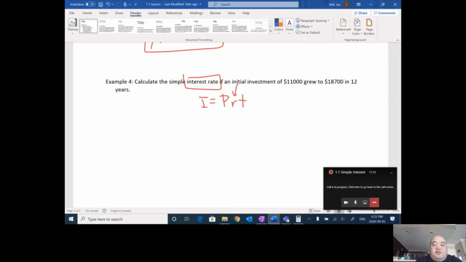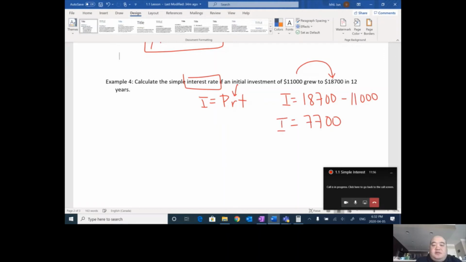So therefore, first thing we want to figure out is the interest. Okay, so the interest is how much you make on your investment. So it goes from 11,000 to 18,700. So therefore, the interest is 18,700 minus 11,000, and that is equal to 7,700.